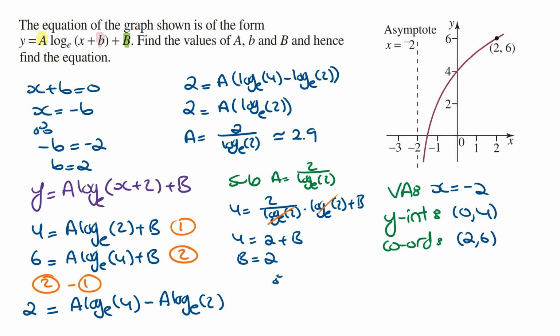And so therefore, the equation of the given graph is going to be y is equal to 2 over log e 2 times log e of (x plus 2) plus 2.